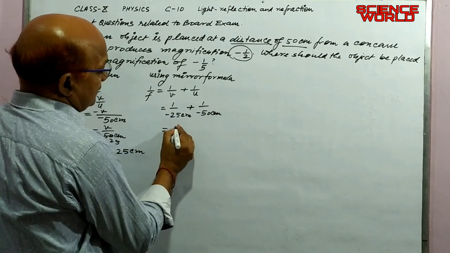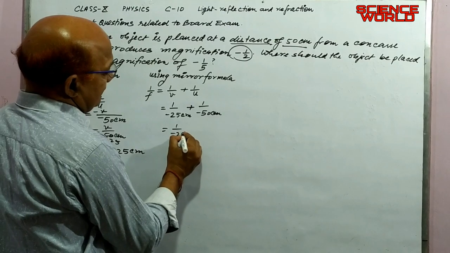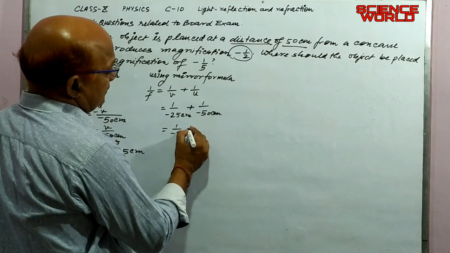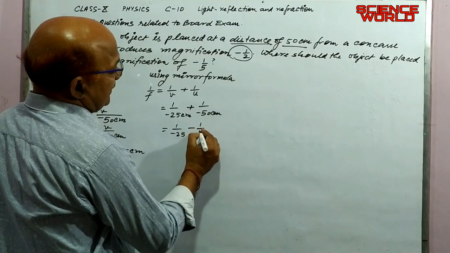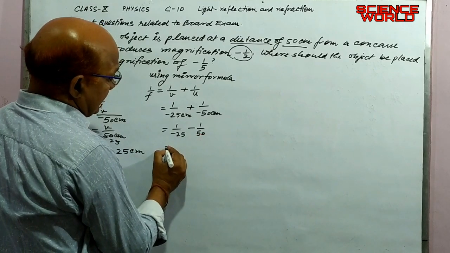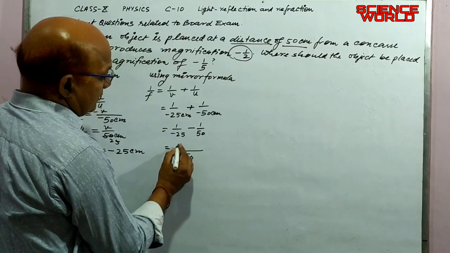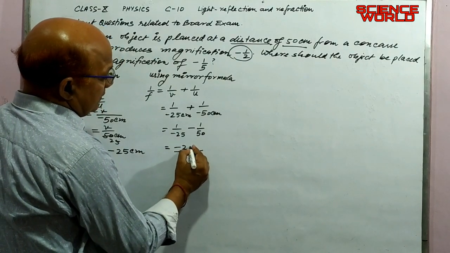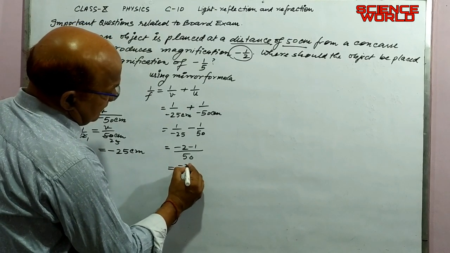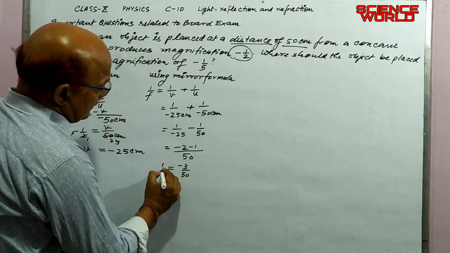So, it is 1 by minus 25 and it is plus, it is minus, so this is minus 1 by 50. Now, take LCM, it is 50. So, minus 2 minus 1, this is minus 3 by 50, this is 1 by f.